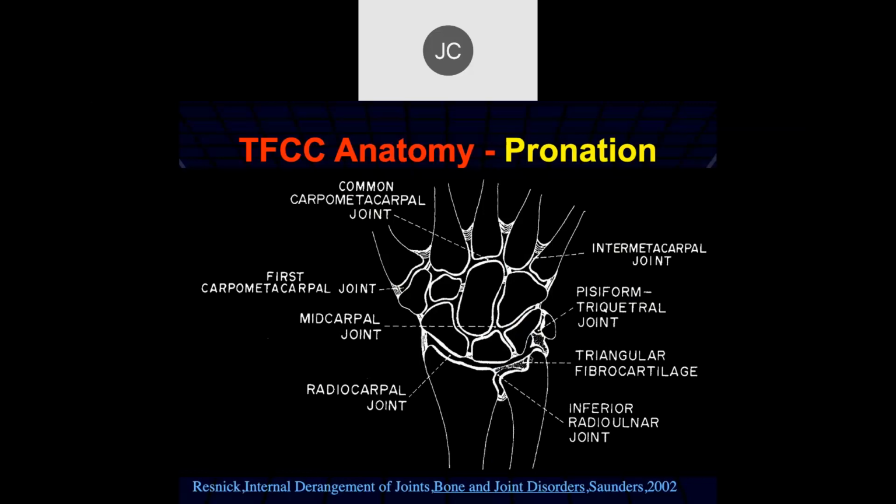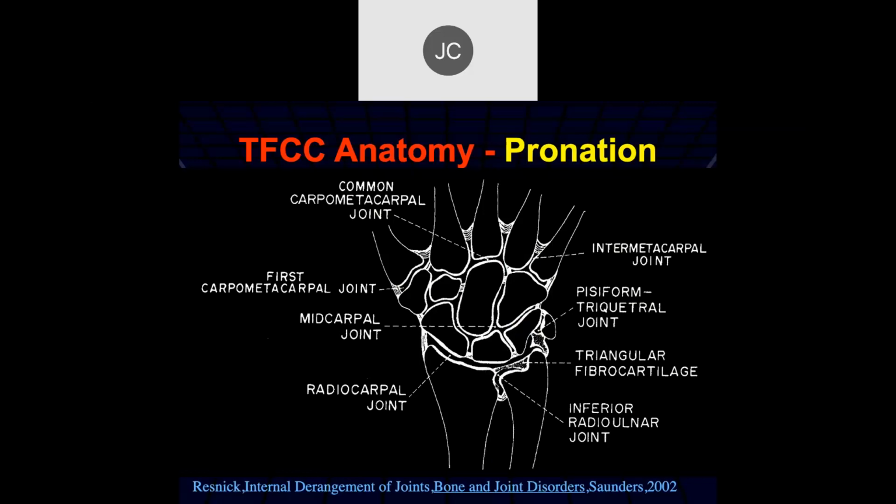So this just shows the triangular fibrocartilage, its attachment to the ulnar styloid, and we'll talk in a minute about the different attachments here. Here's the radial attachment, which actually attaches to the articular cartilage, not directly to the bone. So there you'll have high signal intensity between the triangular fibrocartilage and the bone, because it attaches to the cartilage.